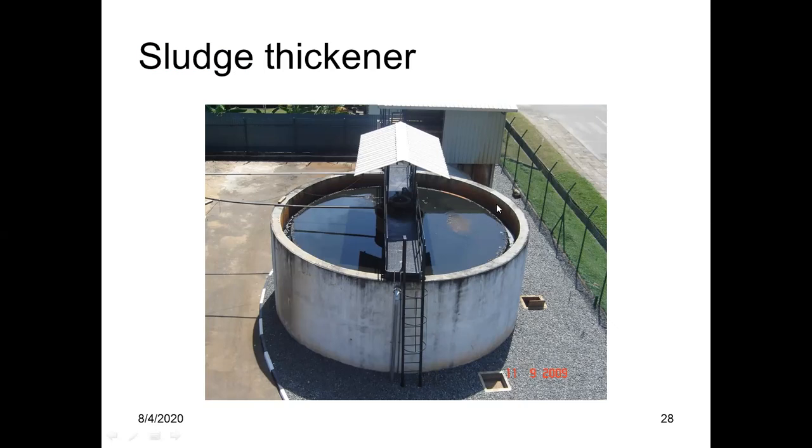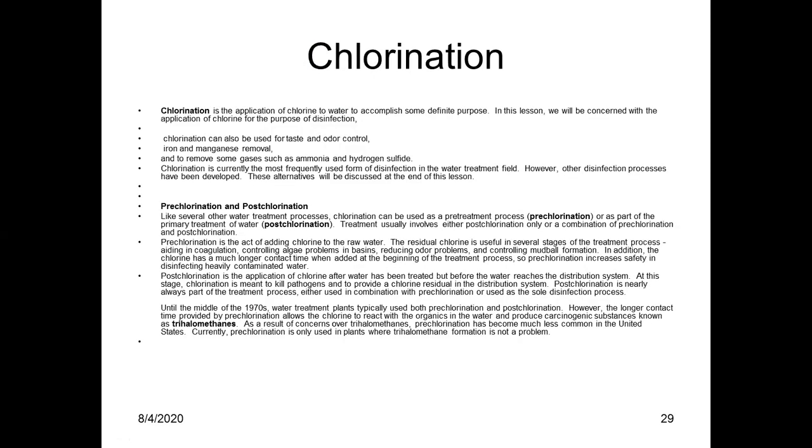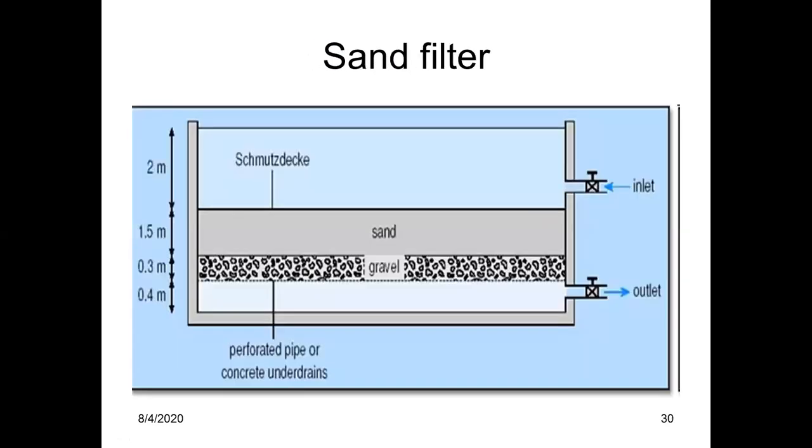Here at the bottom the solids settle again, and from the top we get somewhat clarified water. Usually the clarified water coming from the top of the thickener is sent again to the primary sedimentation tank for further treatment. So this is about sand filter.